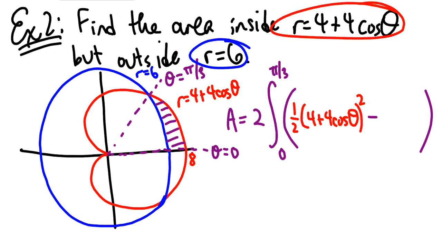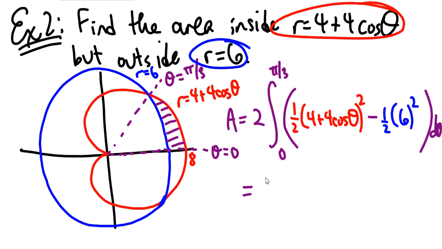What's the blue area? The blue area is 1/2 r squared d theta. So we take the red area because that's outside. We take the blue area because that's inside. And we do red area minus blue area.